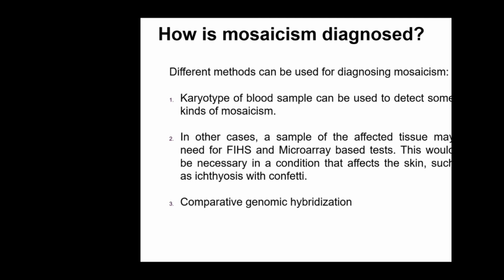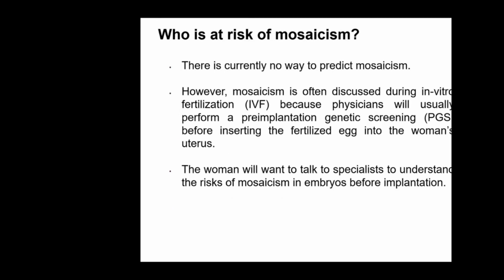This would be necessary in conditions that affect the skin, such as ichthyosis with confetti, the first disorder which we talked about and which is caused by mosaicism. Of course, we can also use what's called comparative genomic hybridization, and we will talk about this technique in further detail in other chapters. Who is at risk of mosaicism?